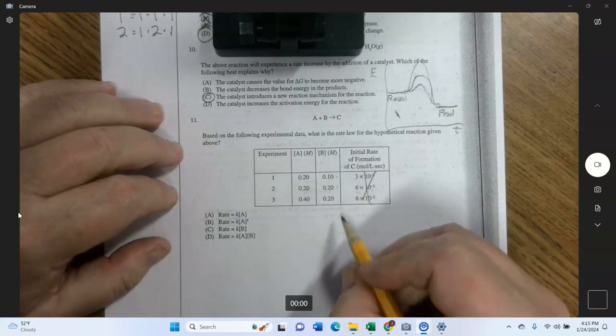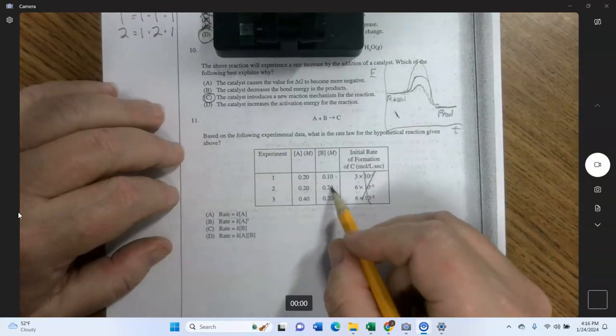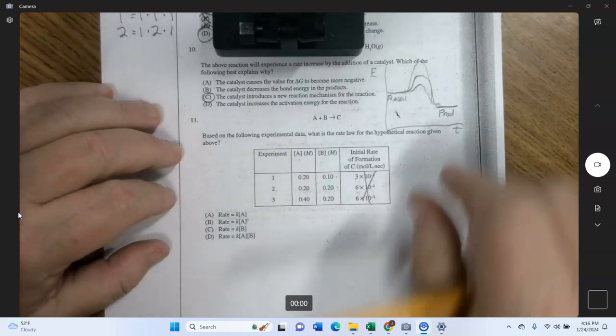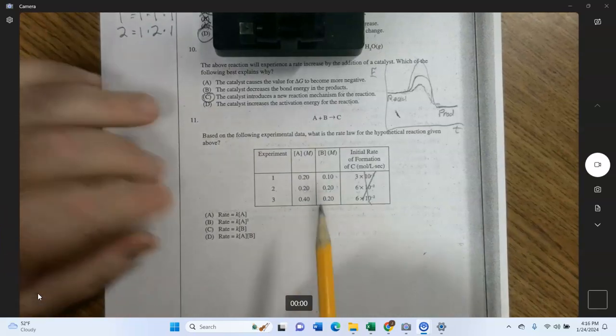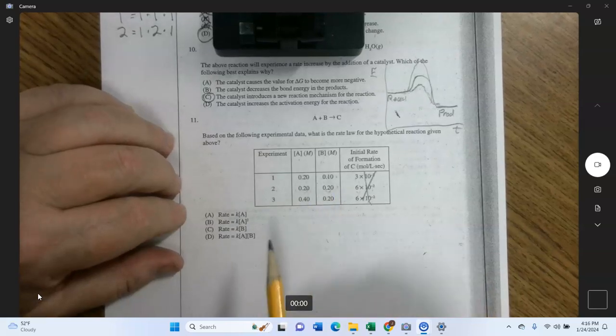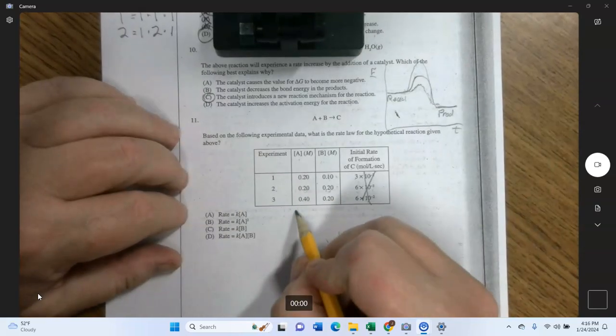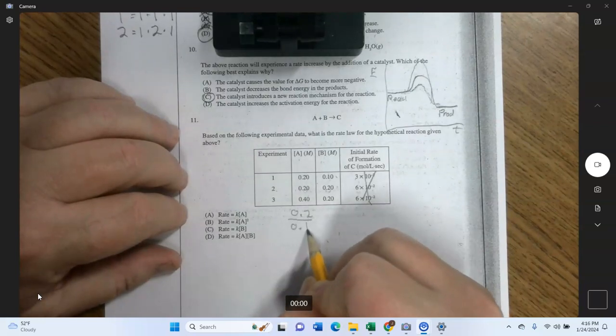So the way you do it is you write the concentration, okay. All right, so we make a ratio of one number over the other. We're going to choose to put the 0.2 on top because it's bigger. So it's 0.2 over 0.1.